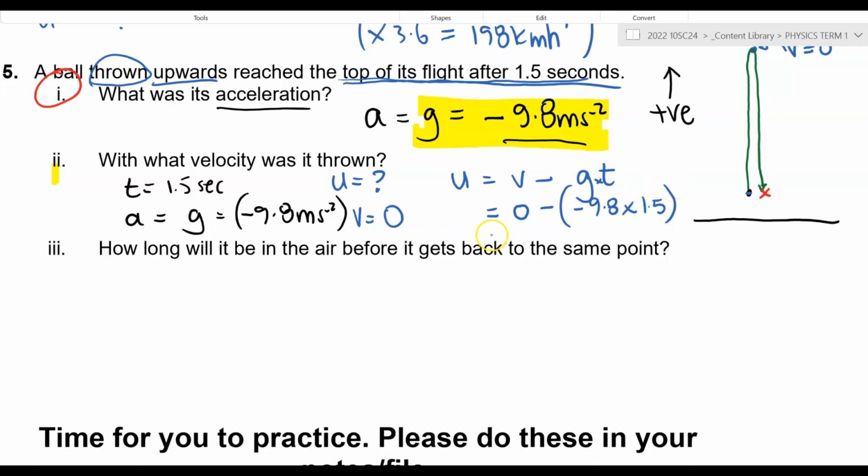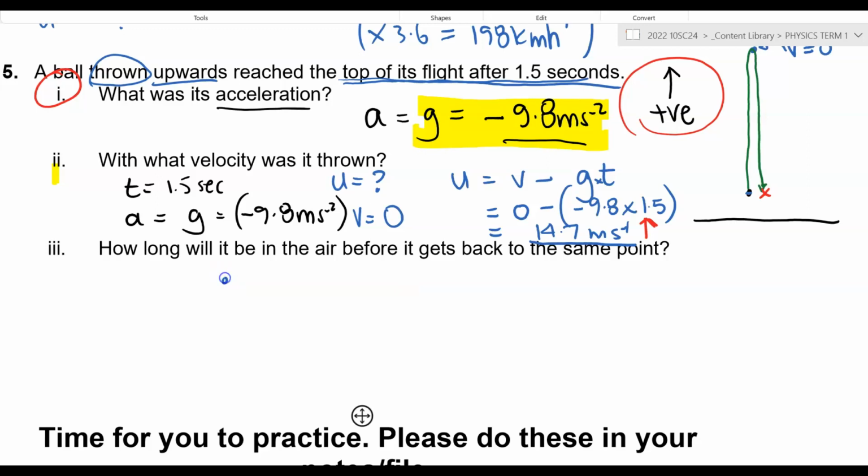Now the negative and negative number, of course, is positive. So 9.8 times 1.5 gave us 14.7 meters per second. And because that's positive, that makes sense. It means it's thrown upwards. So we know we've done the right thing, because upwards is positive. We got a positive answer, it's thrown upwards. That's the hardest part.